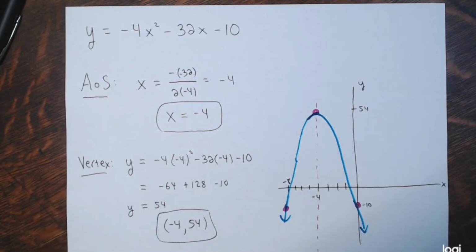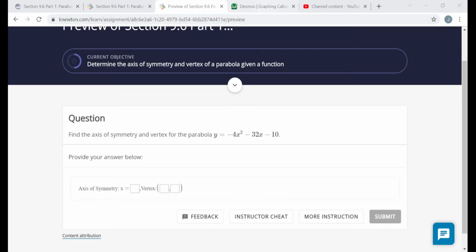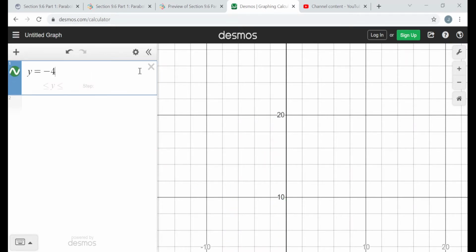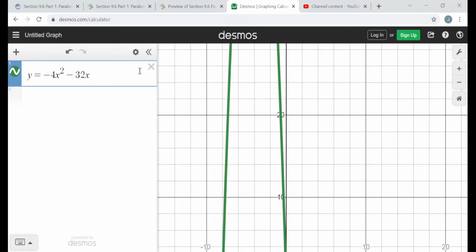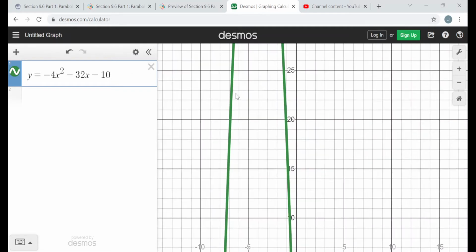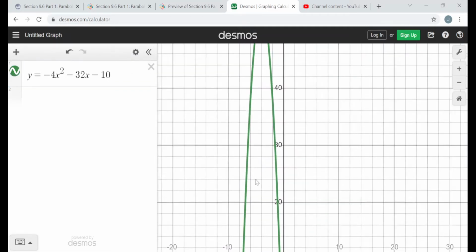But let's go to the Desmos site. And I'll enter this function that we were given. Y equals negative 4x squared minus 32x minus 10. And look at going up here.